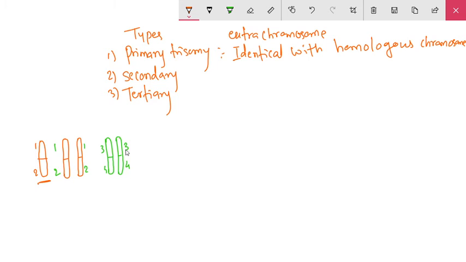This or this, whatever it may be. मग यांच्यासारखा असेल तर असा किंवा यांच्यासारखा असेल तर असा, पण तो homologous, identical. So it is known as the primary trisomy.